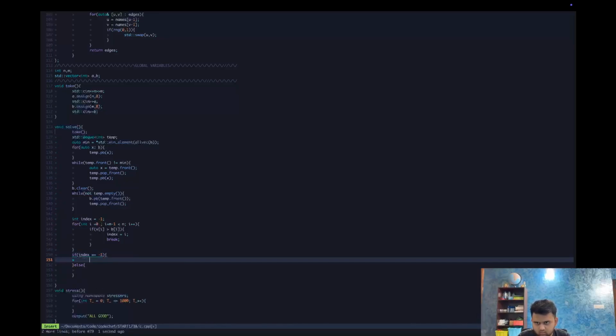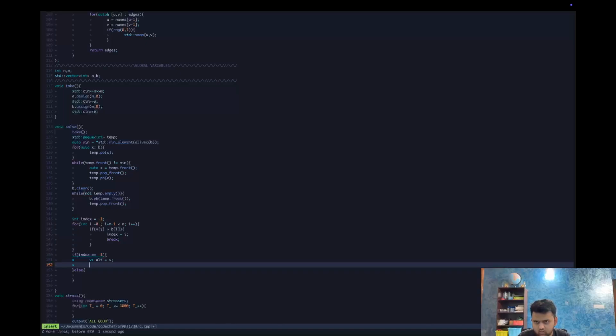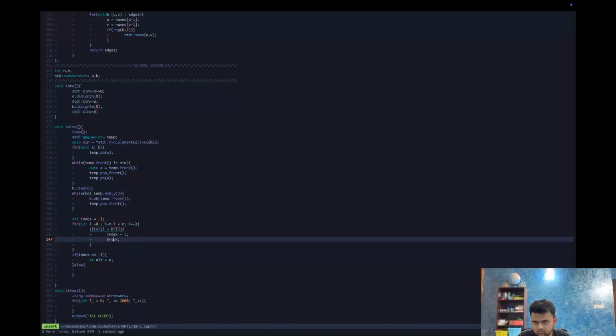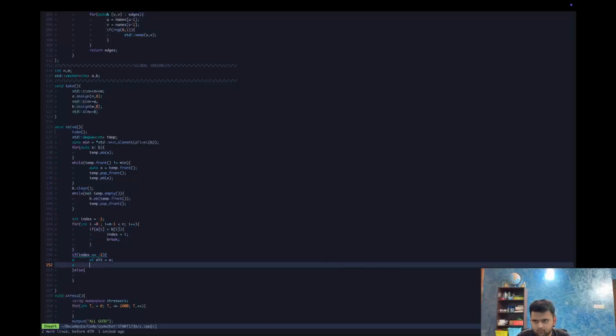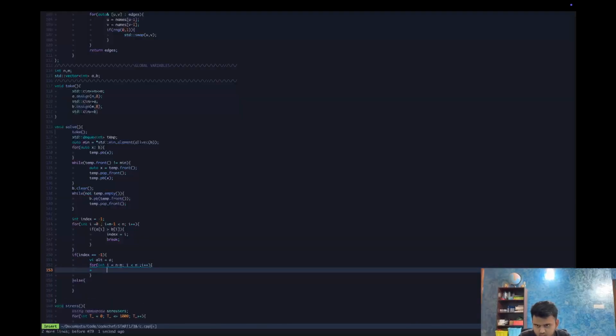So alt is equal to v. So for int i, if i plus m minus 1 is equal to n minus 1, then i is equal to n minus m. Plus, alt of i is equal to b of i minus n plus n.